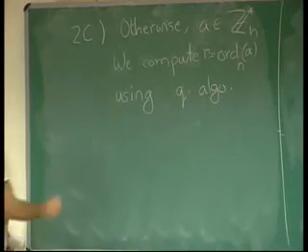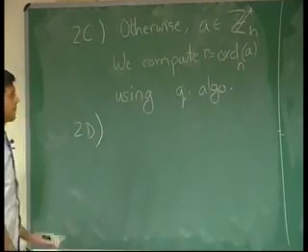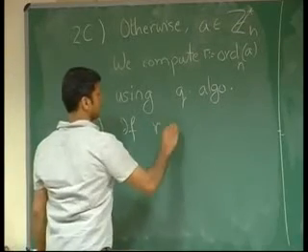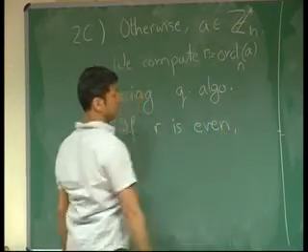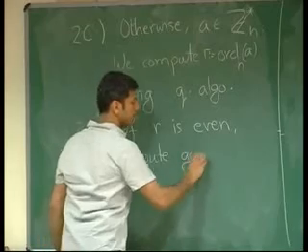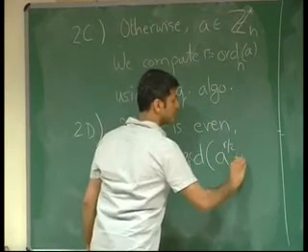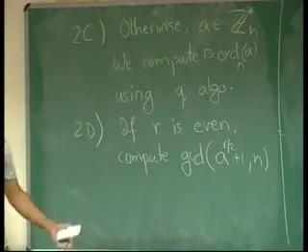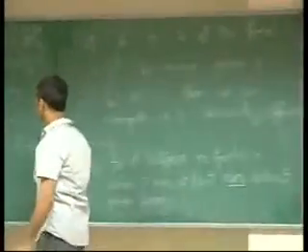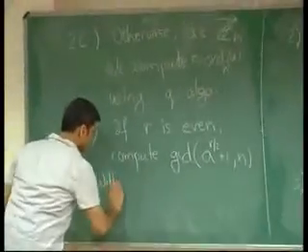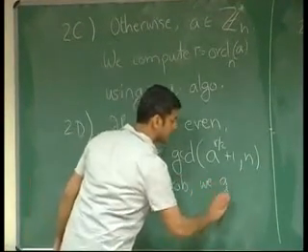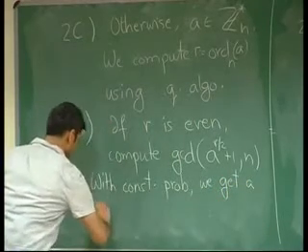Right? And now if r is even, compute the GCD of a to the r over 2 plus 1 and n. If we are lucky, it gives us a non-trivial factor of n with constant probability. We get a non-trivial factor.